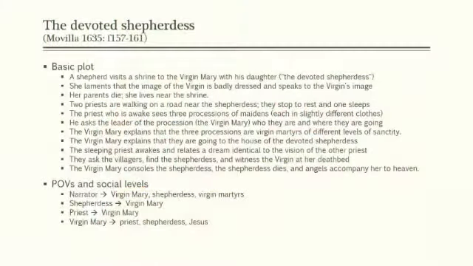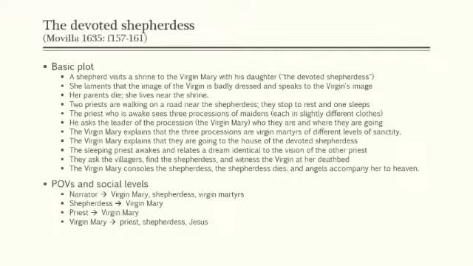Okay. So the Virgin Mary explains they're going to go to the house of the devoted shepherdess who is dying. And then the sleeping priest awakes, and he tells a dream which is identical to what his companion saw. So then they hustle off, they ask the villagers, they find the shepherdess, and they witness the virgin at her deathbed. And the Virgin Mary consoles the shepherdess, she dies, and the angels take her up to heaven at the end of the story.